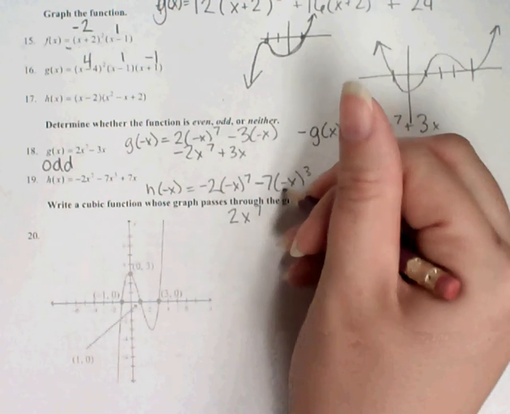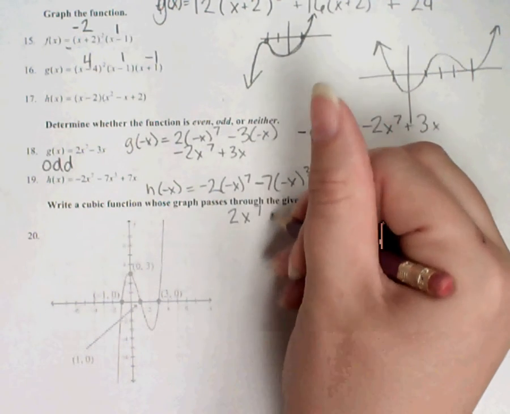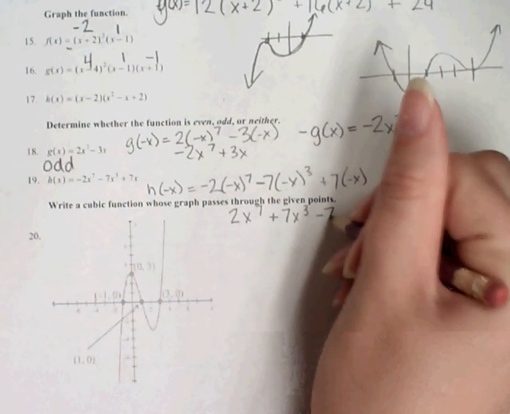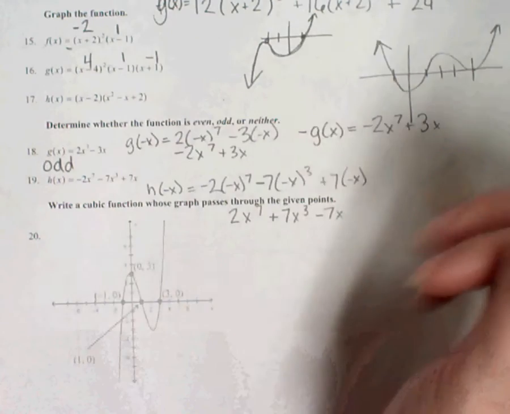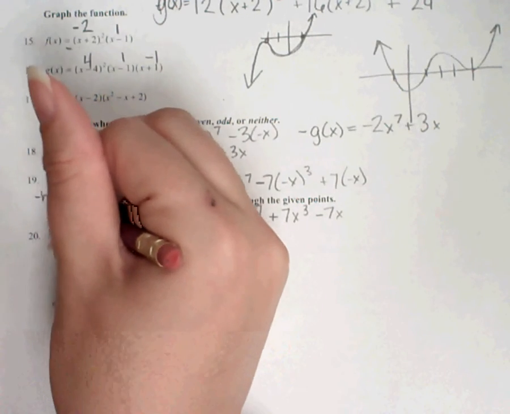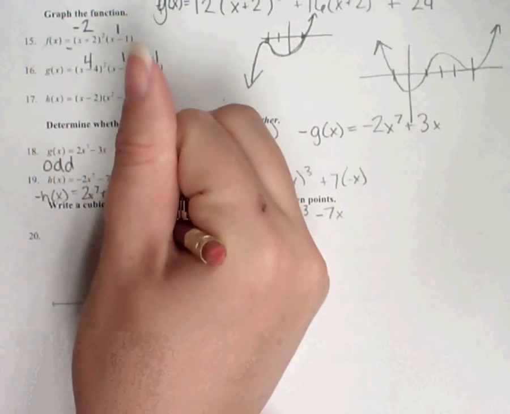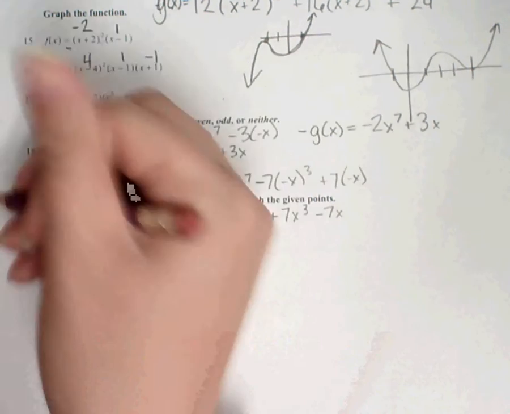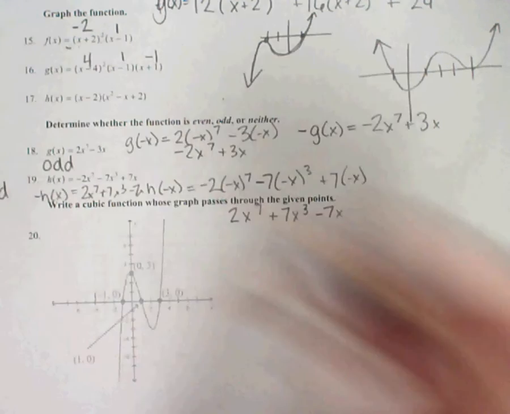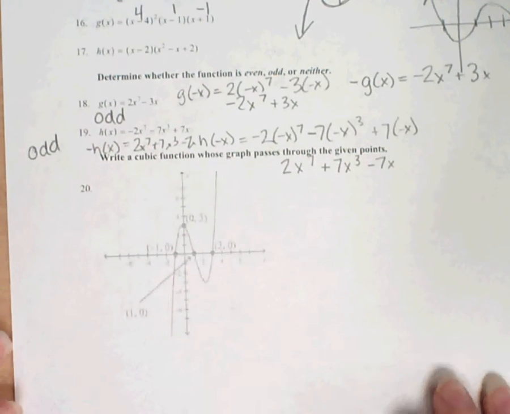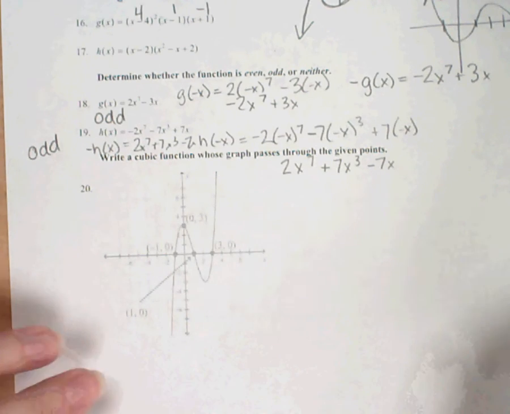Again, a negative and odd power is negative, times this is going to give me a positive and a negative. Not the same. However, it is the same as negative h of x if I just switch these signs. So that means that this one is also odd. If I typed them in and flipped my calculator over, they would look identical. That's another way of seeing if it's odd or not.